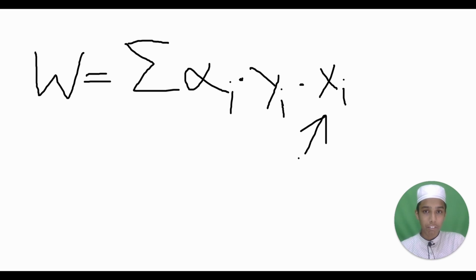Recall the Lagrangian equation, where the Lagrangian equals the sum of alpha sub i minus 1 by 2 times the sum over i and j.